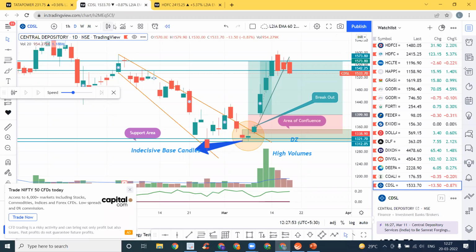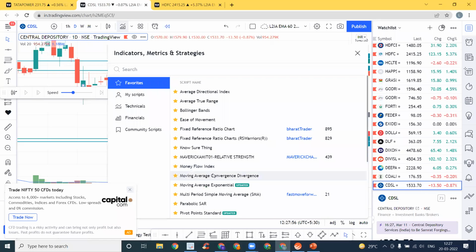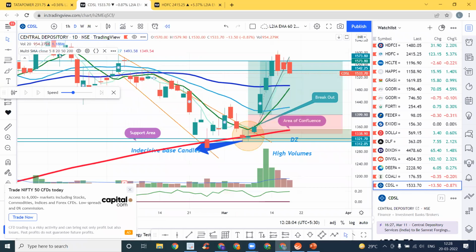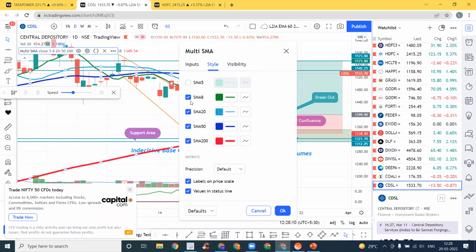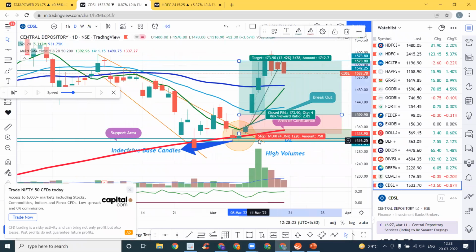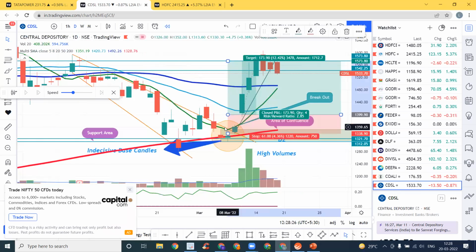I'm adding the moving average here. You can see at this level of confluence, there is a green colored moving average line which is touching this and it has gone.